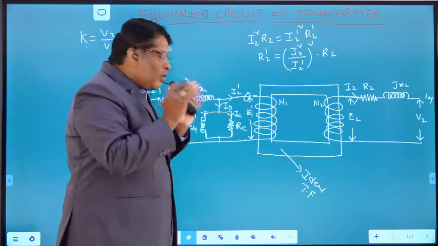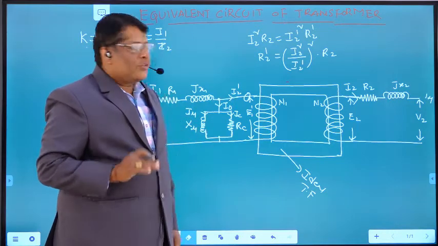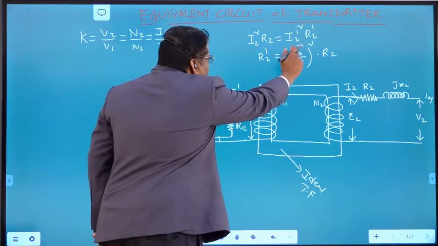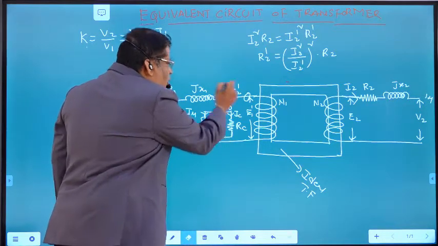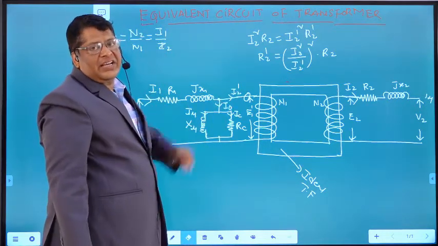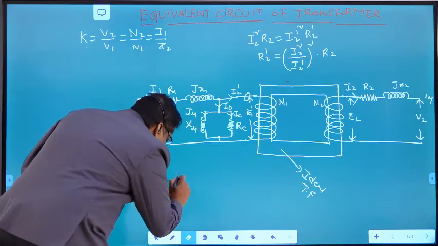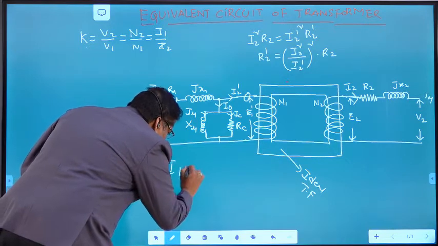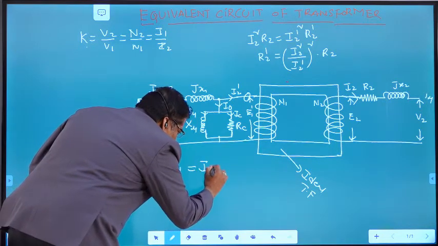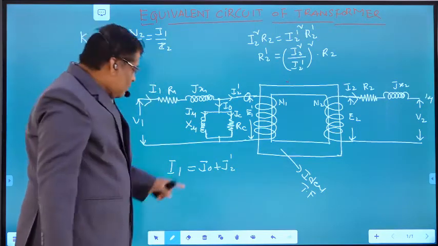The resistance we keep here should perform the same function as R2. Now I2 dash is nothing but the load component of the secondary current. I1 is equal to I0 plus I2 dash, where I0 is the no load current.